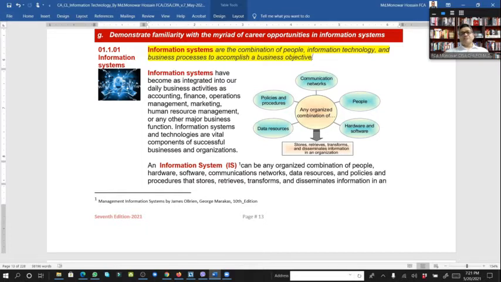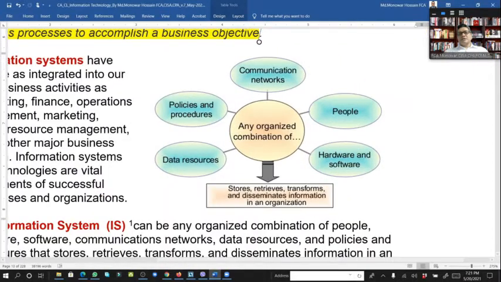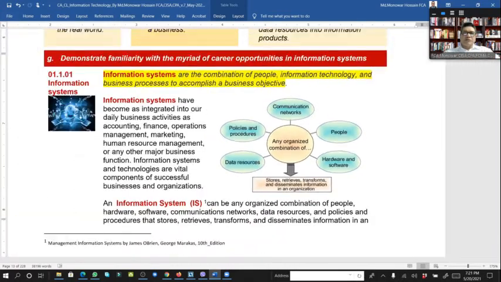If we look here, any organization is a combination of, firstly, people, then hardware, software, data resource, policy and procedure, communication network, and also we have to record it, retrieve it, transform it, etc., for record keeping also.